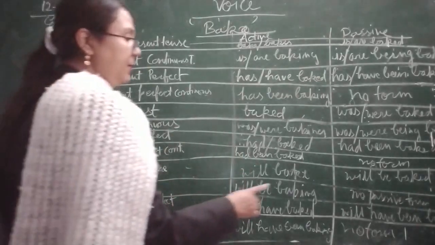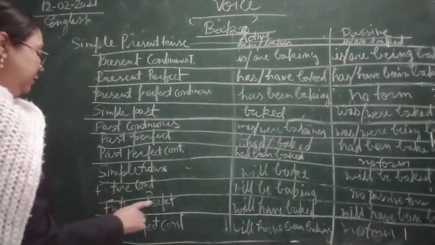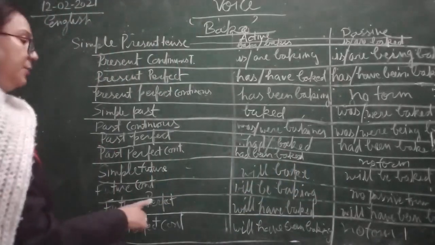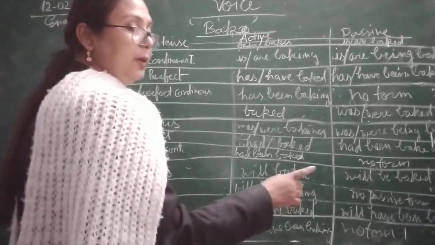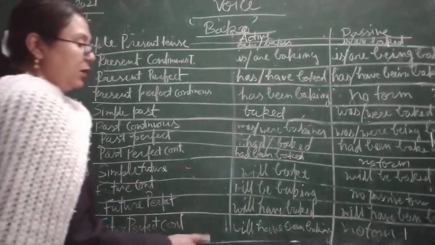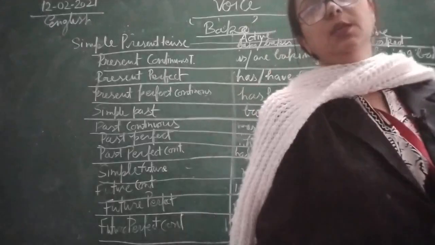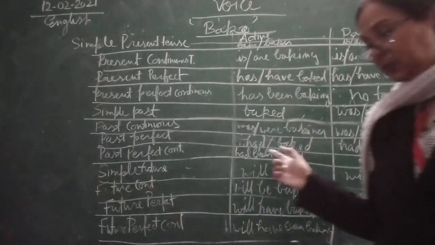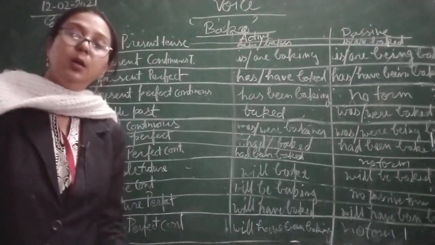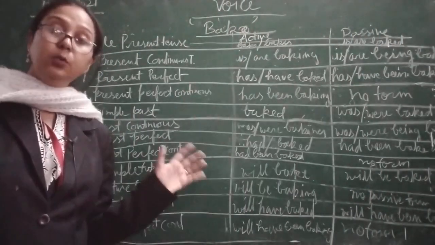Future continuous, will be baking, no passive form will be used in the future continuous tense. And now here future perfect tense, will have been baked, we will write in the passive voice, and future perfect continuous tense we are not going to convert in passive voice. So this is the table that is very important for you: how to convert, and what things we will use.